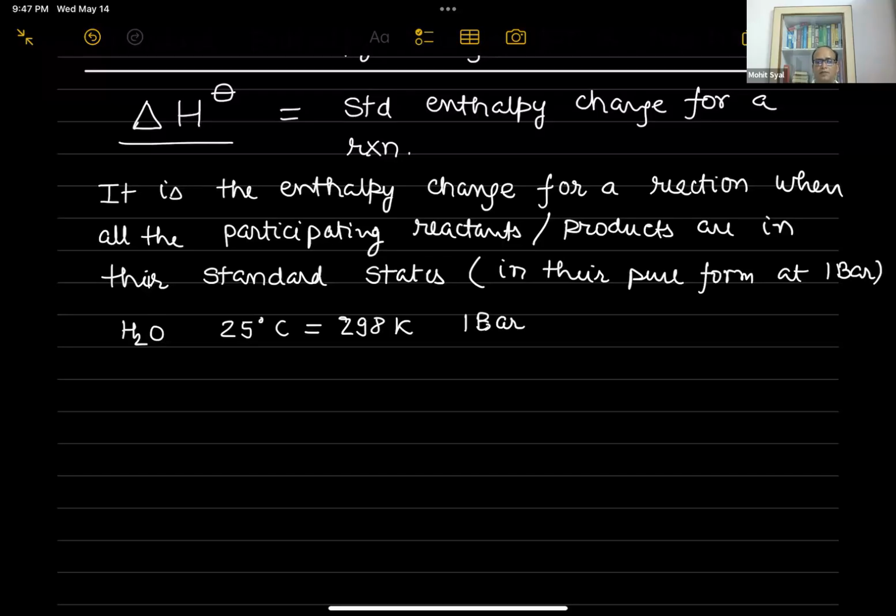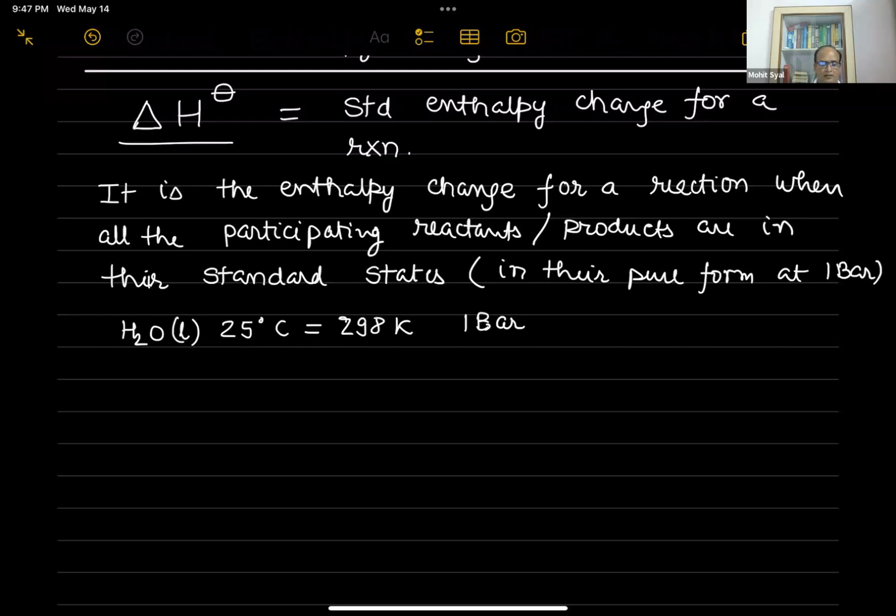Pure form of water. Is it solid? Liquid. Is it room temperature? Yeah, it is liquid. Got it. Is it clear?